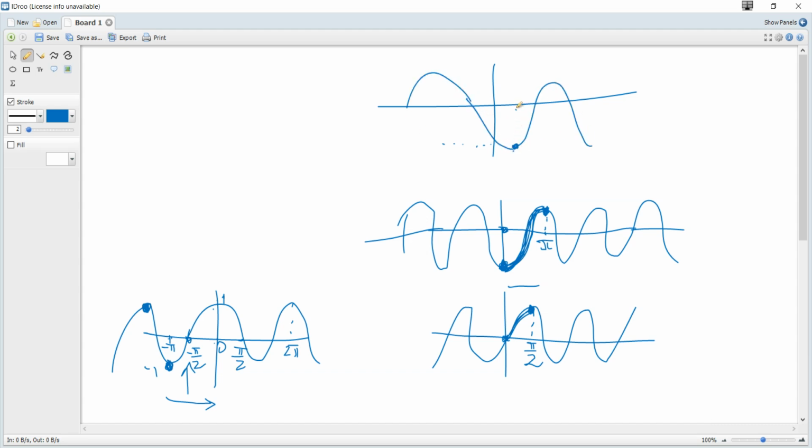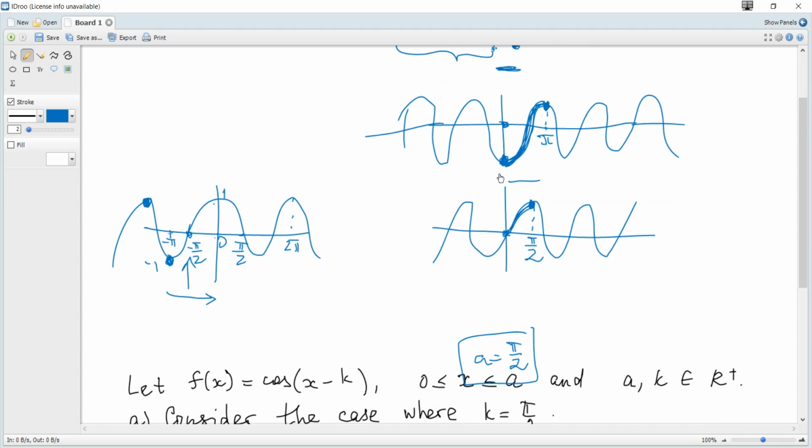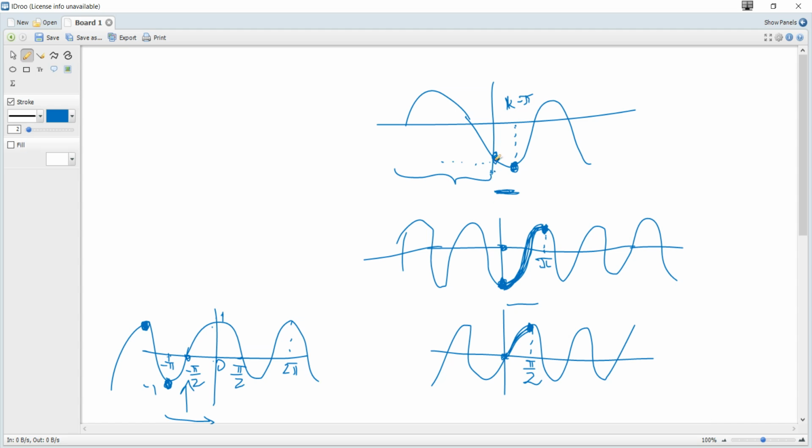And this x coordinate will be k minus pi, because k is some value in between pi and 2 pi, and translation up to here is pi, so this additional piece of the graph is translated by k minus pi, and for the inverse to exist, x is greater or equal than 0 and less or equal than a, from 0 up to this turning point again. So we can say that a is k minus pi.